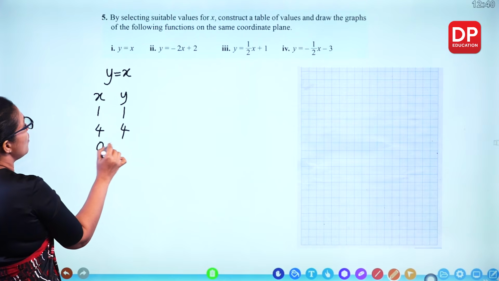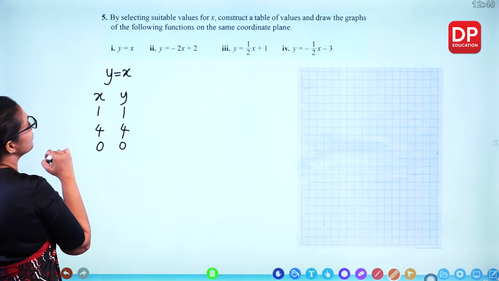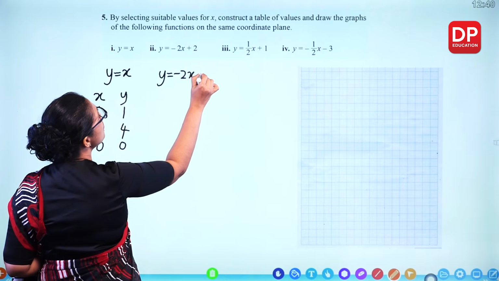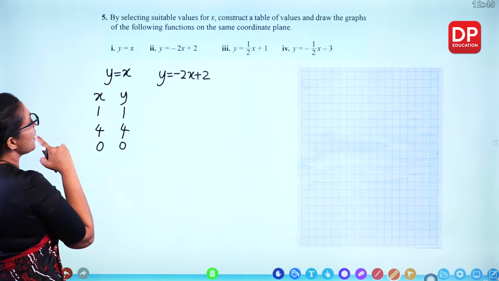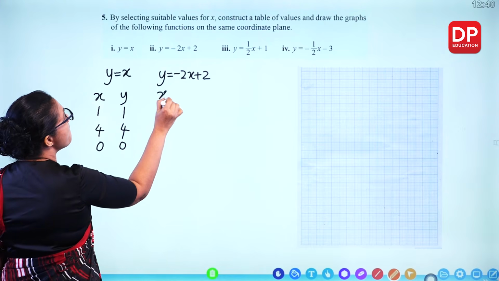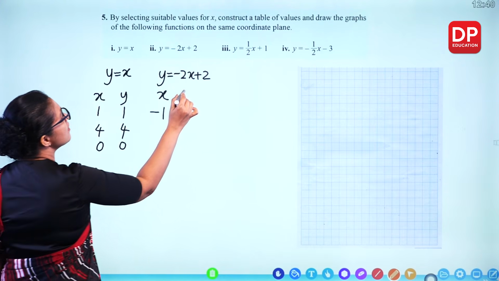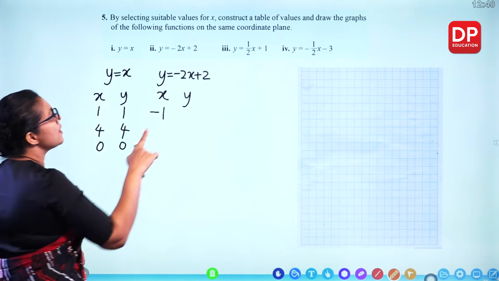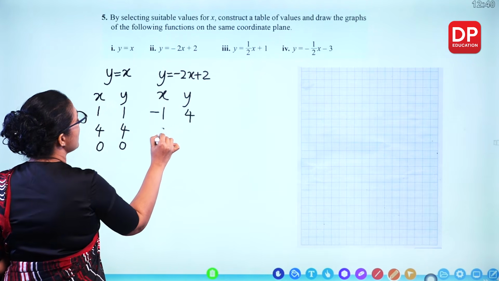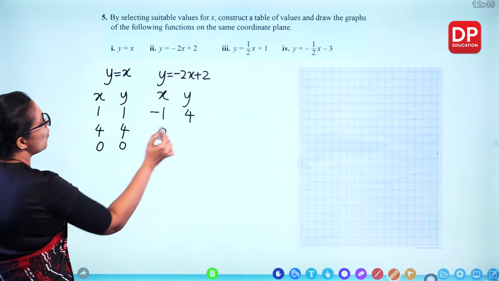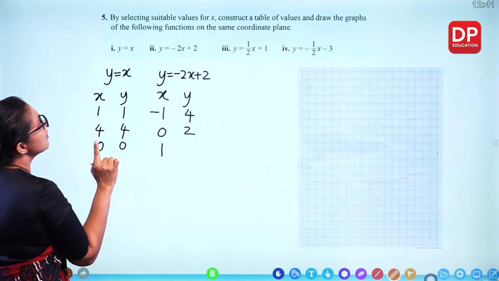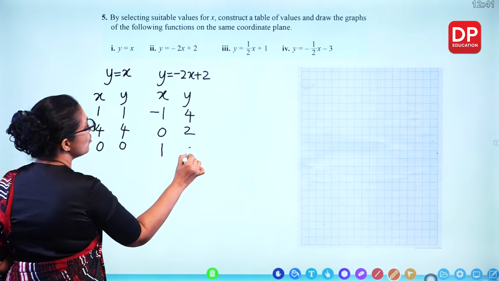X equals 0, y equals 0. Y equals minus 2x plus 2. X equals minus 1. Y equals minus 1 into minus 2, 2, 2 plus 2, 4. X equals 0, y equals 2. X equals 1, minus 2 and plus 2, you get 0.